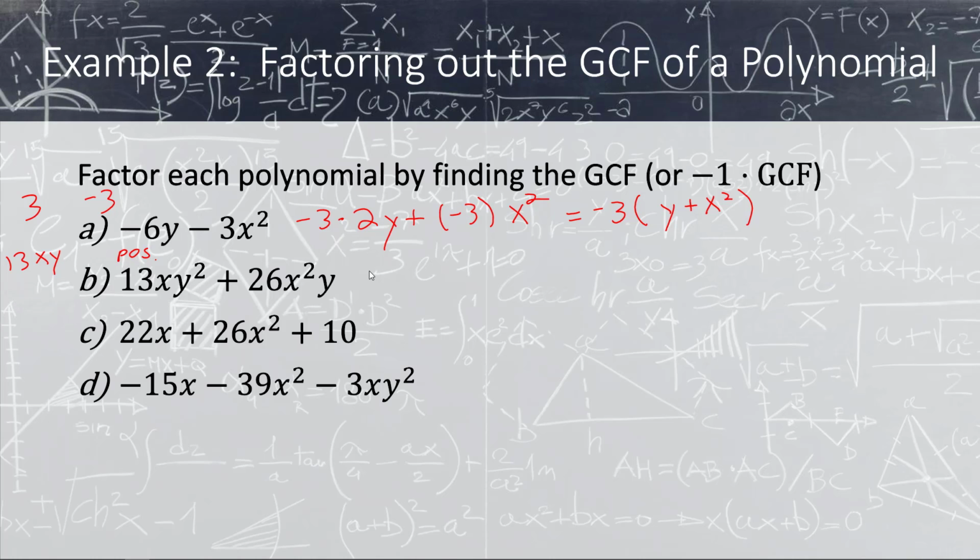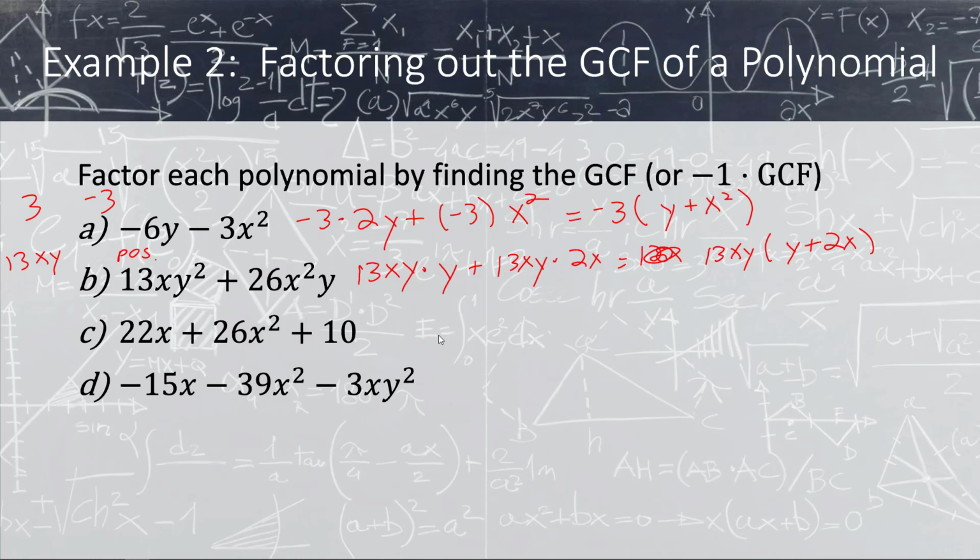Instead, we just want to figure out what we need to multiply 13xy by to get 13xy squared, and that of course is multiplying it by another y. Then we need to figure out what we need to multiply 13xy by to get 26x squared y, and that would be 2x. Then we can use our distributive property in reverse, and we will have 13xy, that's not a 13, that's a 12, 13xy times the quantity y plus 2x.